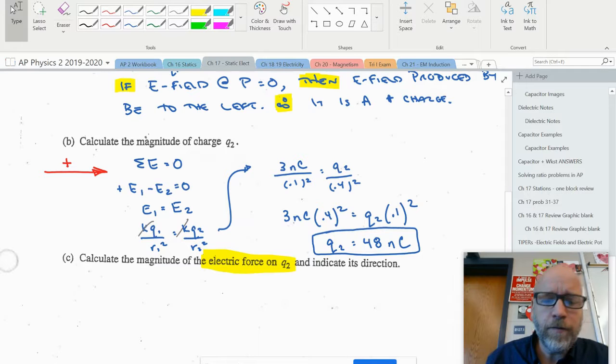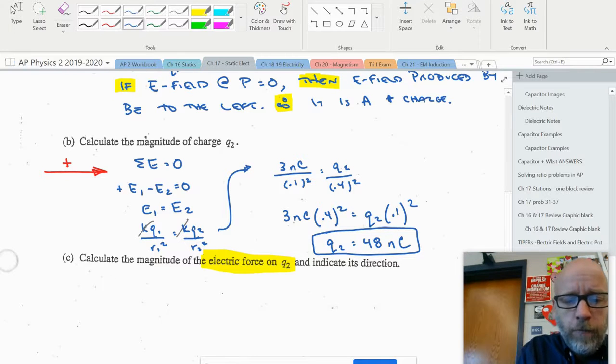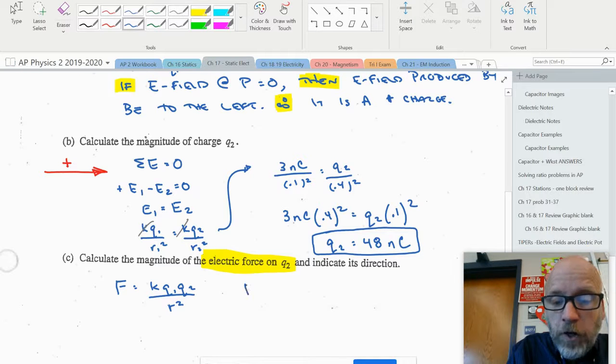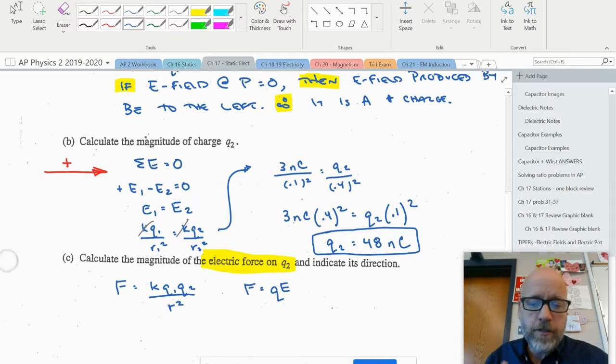Calculate the magnitude of the electric force on Q2 and indicate its direction. Well, there is no charge at P, so the force between Q1 and Q2 is actually very easy to solve for. I'm going to have K Q1 Q2 over R squared. Now, normally, in a number line problem, you would find the electric field at a point, put a charge there, and then plug it in.